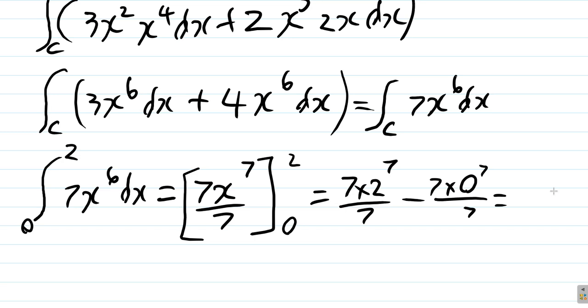What we have here is 7 by 2 to the 7. 2 to the 7 is what? 2 2's is 4, 4 2's is 8, 8 2's is 16, 16 2's is 32, 32 2's is 64, 64 2's is 128. There is 128. The 7 will cancel 7, right? So this amounts to 2 to the 7, which is 128. So you get 128 for this.